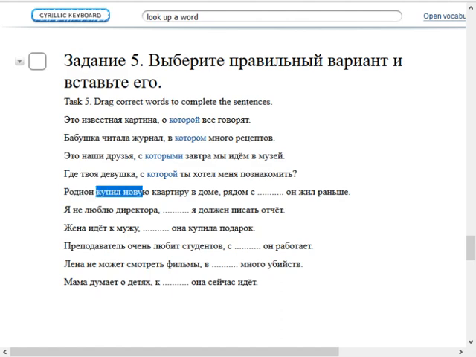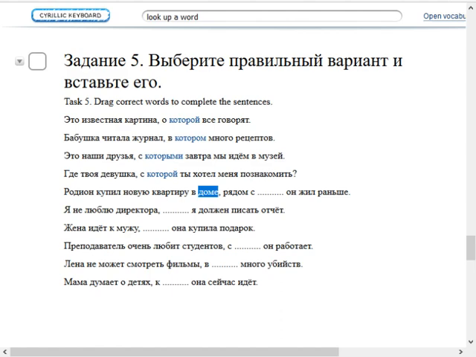Rodion купил новую квартиру в доме. Rodion bought a new apartment in the house. I think in this case, dom is better translated as building, because dom is house, it's also building.